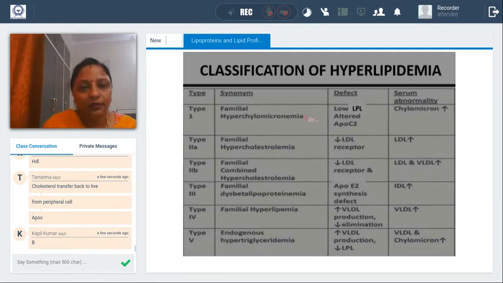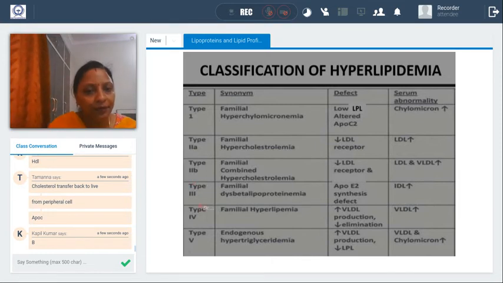So this is the disorder of lipoproteins, or we can say hyperlipidemia or hyperlipoproteinemia. Type 1, familial hypochylomicronemia, type 2A, type 2B, type 3, type 4, and type 5.